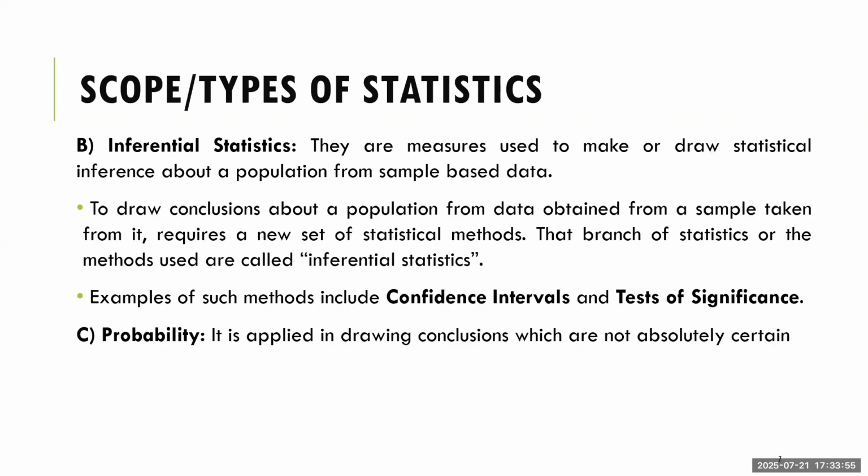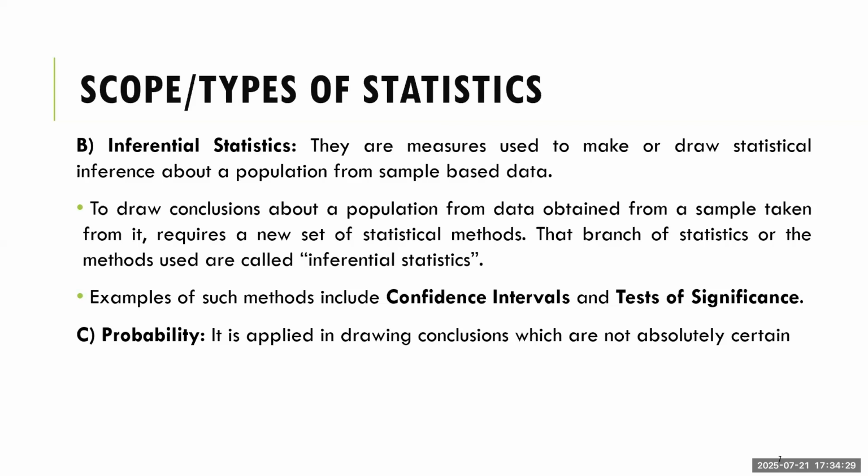Then in inferential statistics, we use some measures to draw conclusions. Remember, if we want to draw conclusions on the population using sample-based data, we can't use the descriptive methods alone. We need another type of statistical method to answer research questions that are tailored towards the use of inferential statistics.